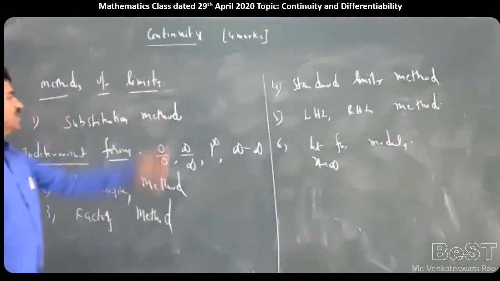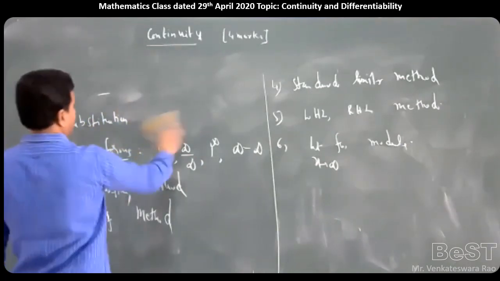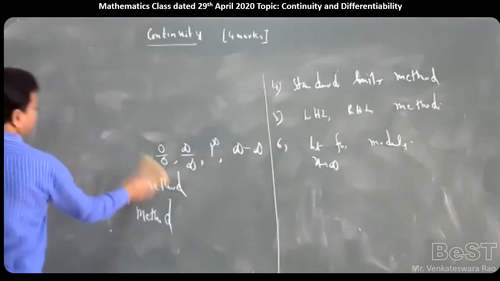So basically 6 models are there. If you go to KSET, different methods are there, we'll discuss them there. So properties, standard limits, and the methods of limits. Practice the first PUC textbook once again.